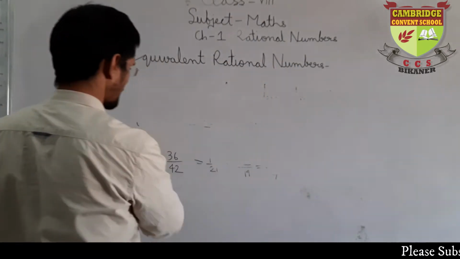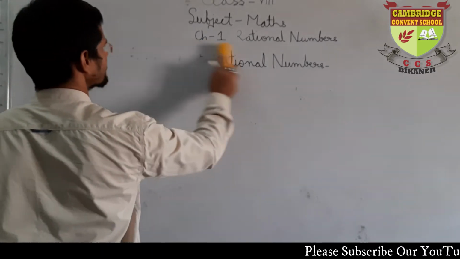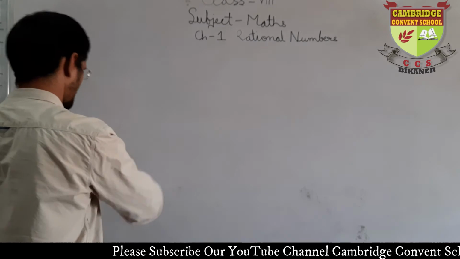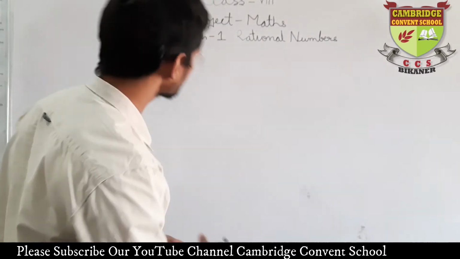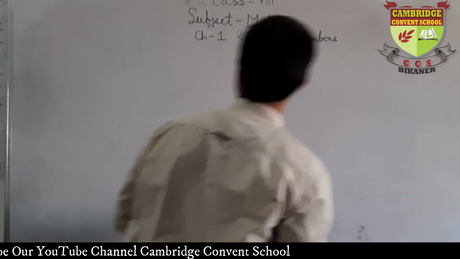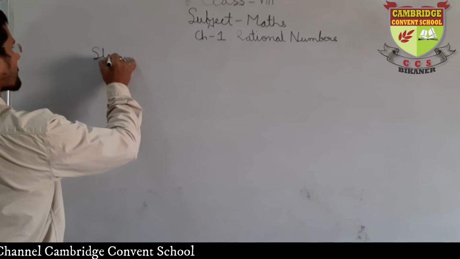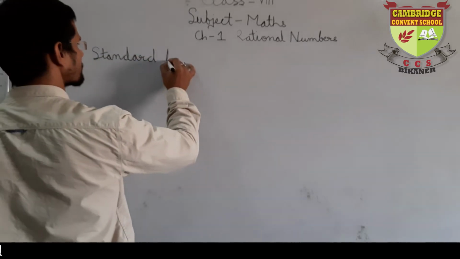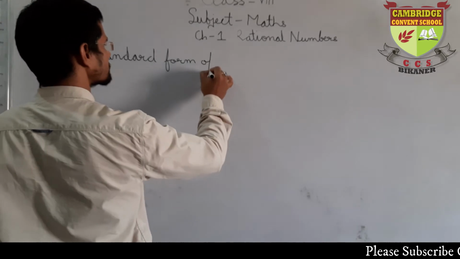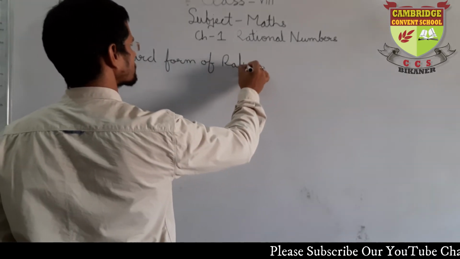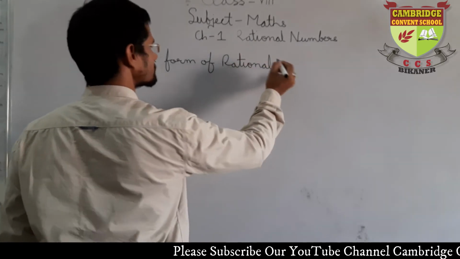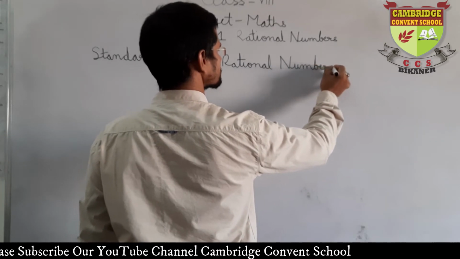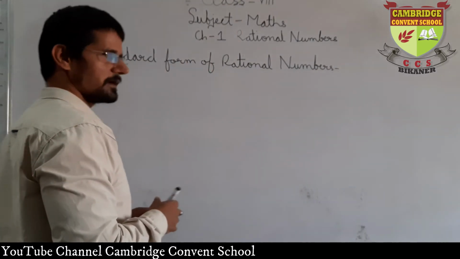Okay, now let's look at the next term used in rational numbers, that is the standard form of rational numbers. What is the standard form of rational numbers?